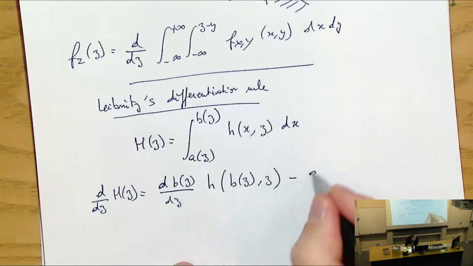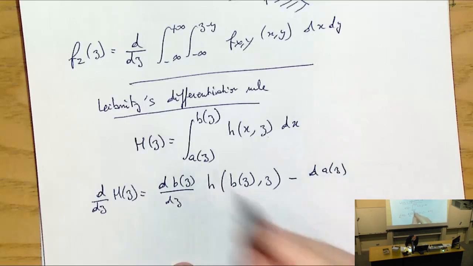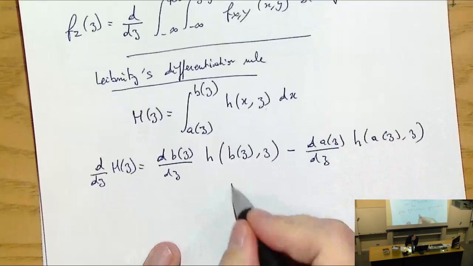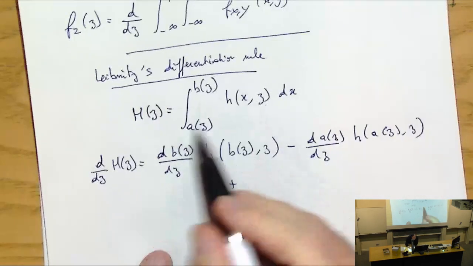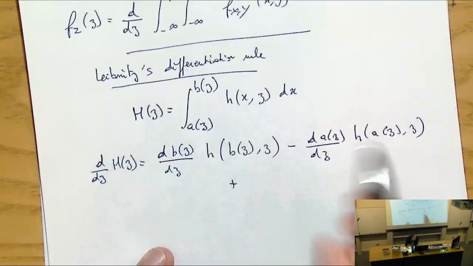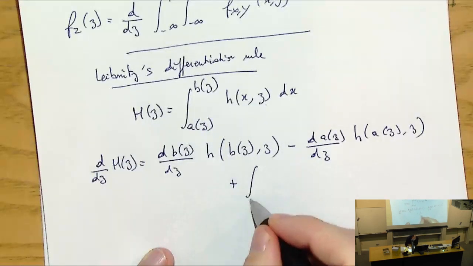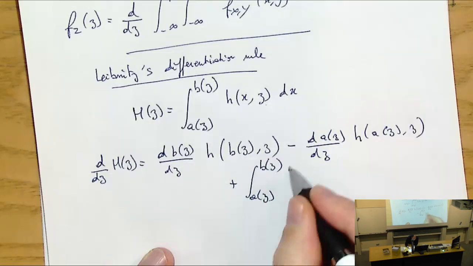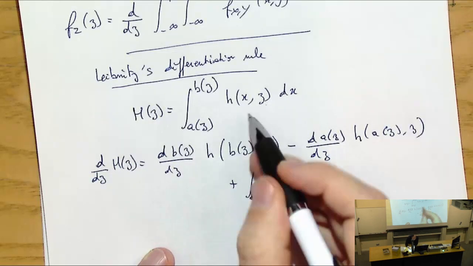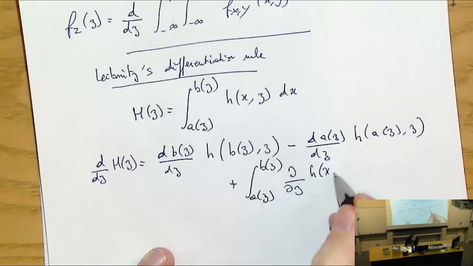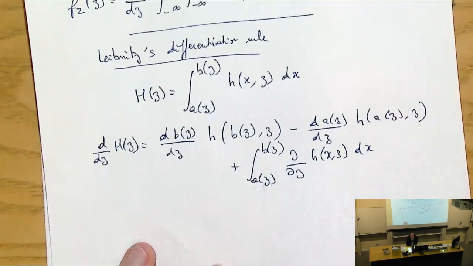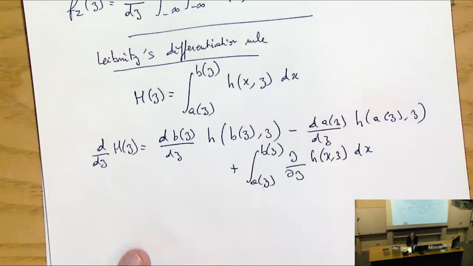Then you do minus the derivative of the lower boundary, h of a(z), z, and then you bring inside the integral the partial derivative of that function h with respect to z. And this is what we can use now.